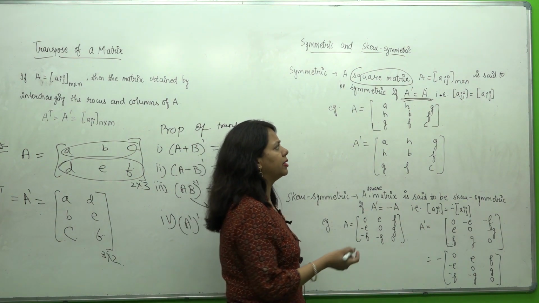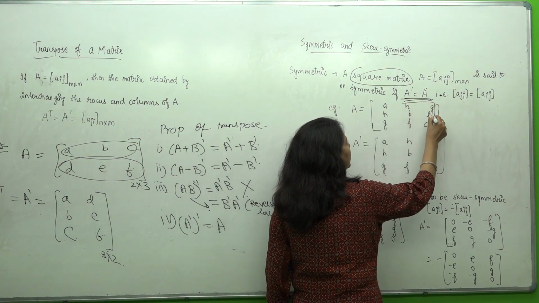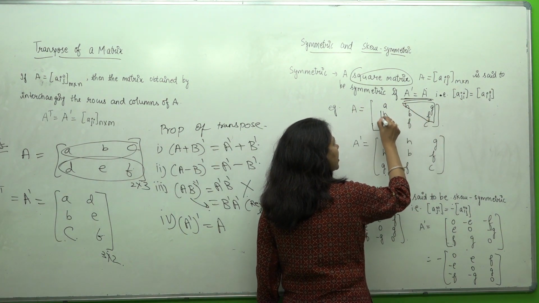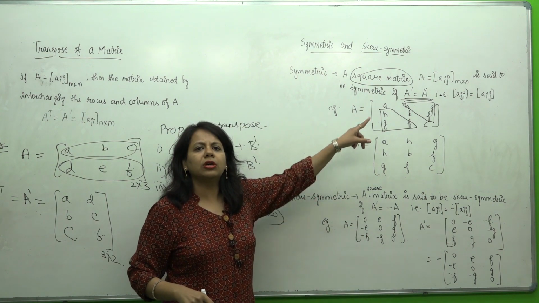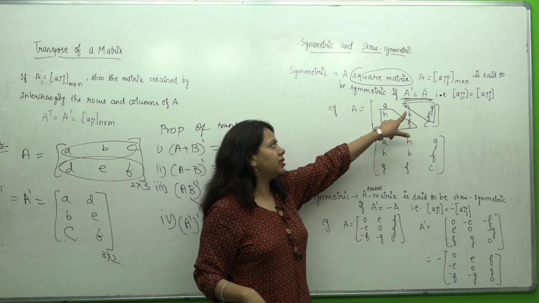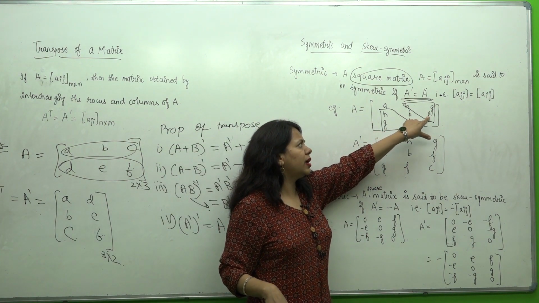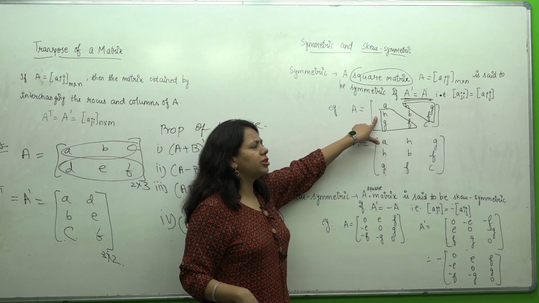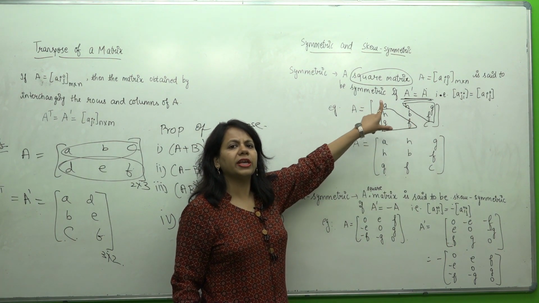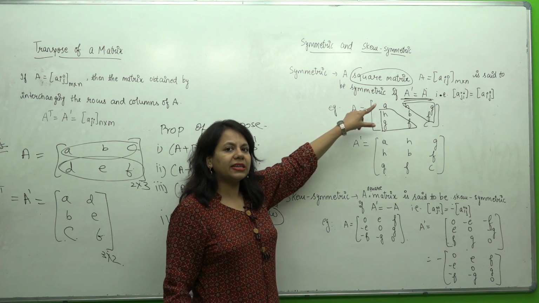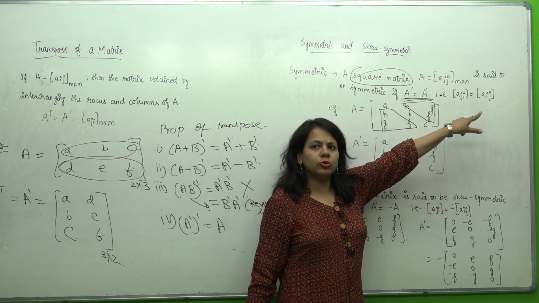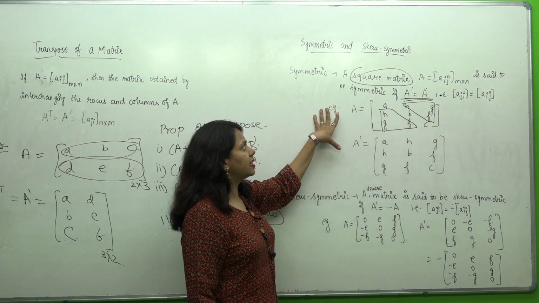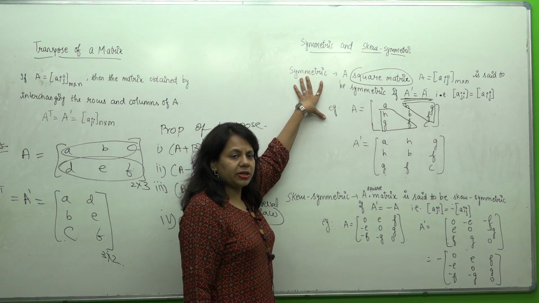If you see the upper triangular matrix that I have and the lower triangular matrix that I have, both are the same. Here the upper triangular matrix is also H, G, F and the lower triangular matrix is also H, G, F. So that is why this is happening. That is why aji is equal to aij. So this is an example of a symmetric matrix.